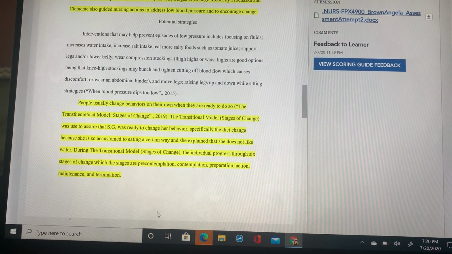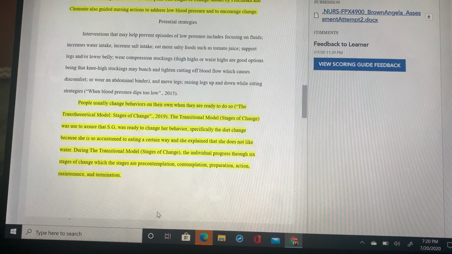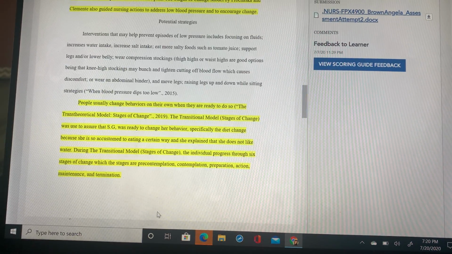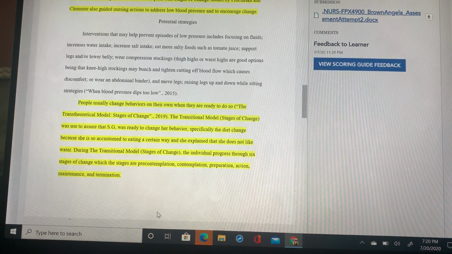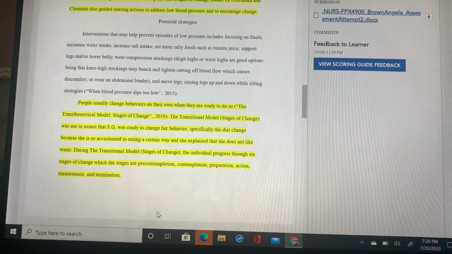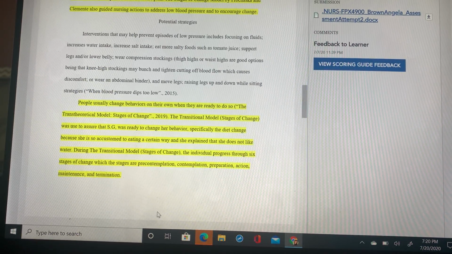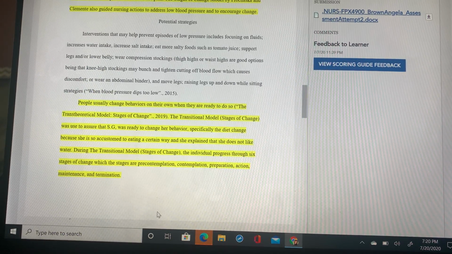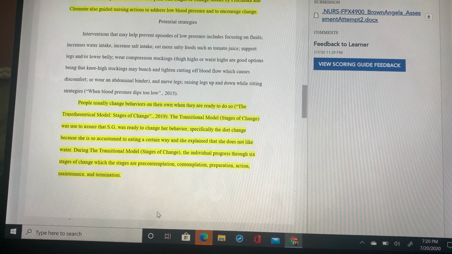People usually change behaviors on their own when they are ready to do so. The theoretical model, stages of change, that's where I got that from. The transtheoretical model, stages of change, was used to assure that SG was ready to change her behavior, specifically the diet change, because she is accustomed to eating a certain way, and she explained that she does not like drinking water.